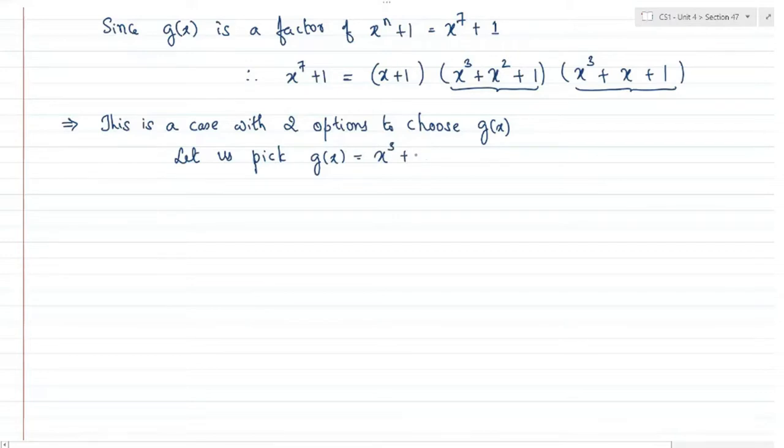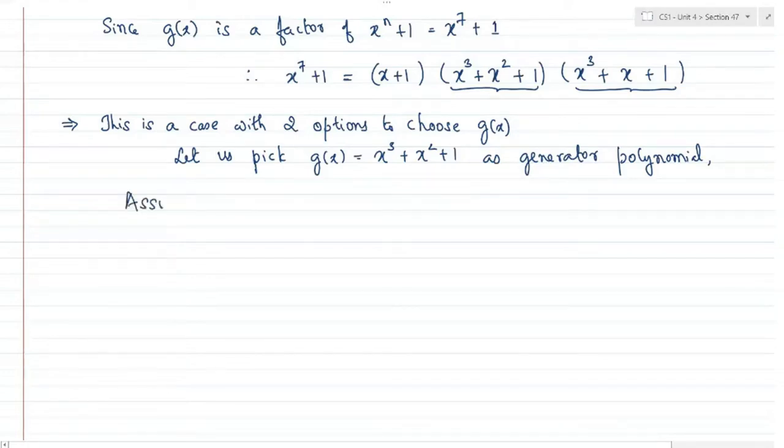So if I take x power 3 plus x square plus 1 as the generator polynomial, then to construct the code word table, we should also have knowledge of the incoming data. So we'll have to assume something for the data vector.